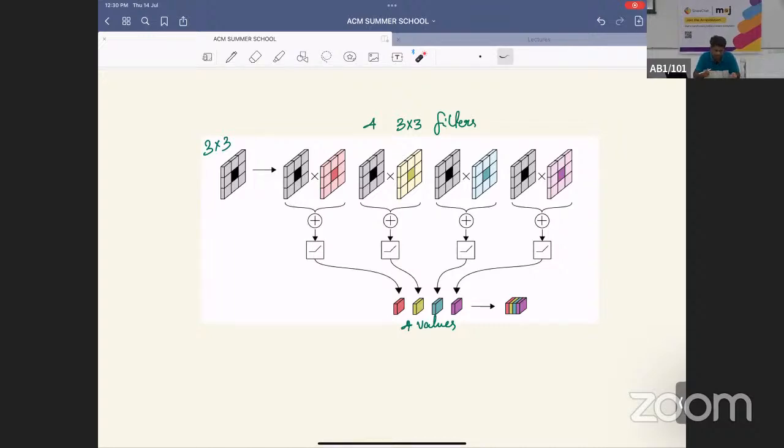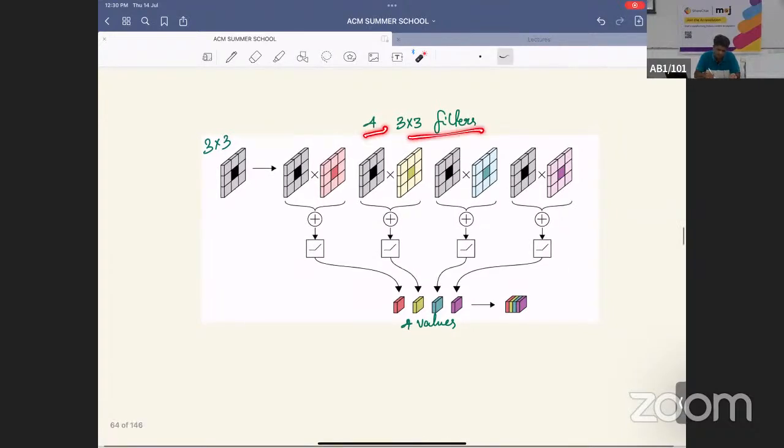For example, if you take only one 3x3 filter and take an inner product with this, you will get only one output value. But you want 4 output values. This is useful, like for the classification problem, we saw that the output layer outputs 4 values. Right? For such cases, you need to increase the number of values. So in that case, we can have 4 3x3 filters.